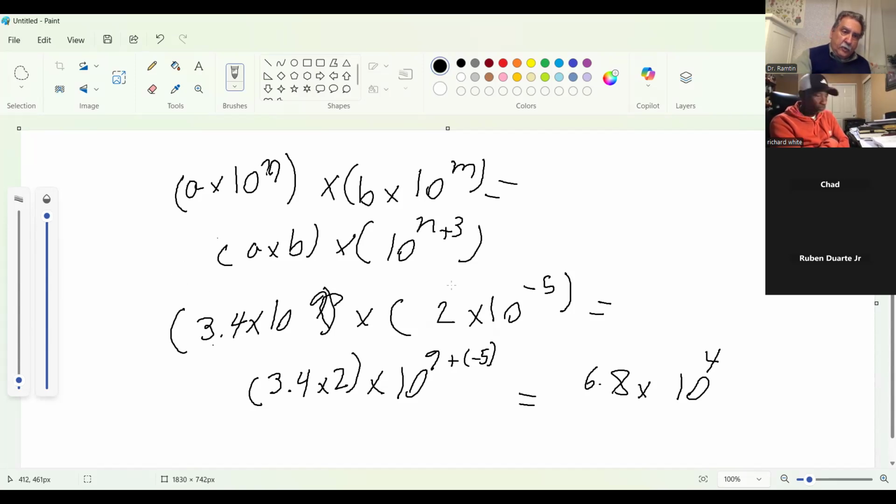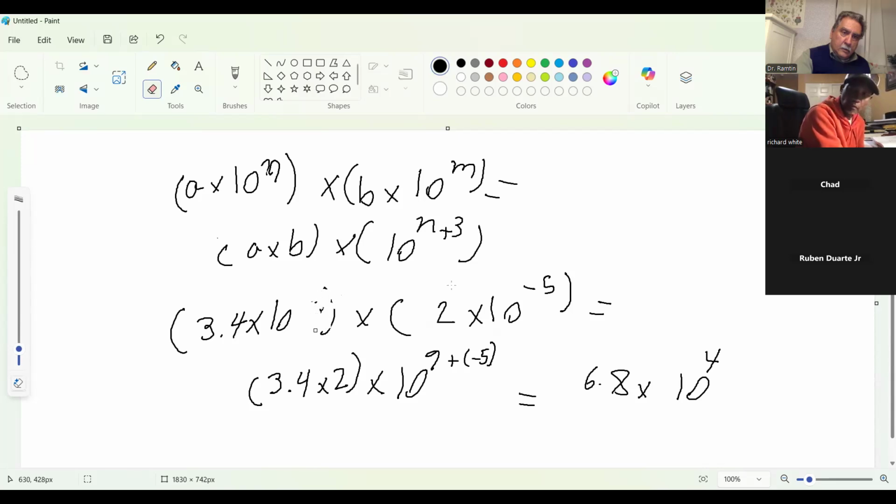We have an example, 3.4 times 10 to the power of 9, times 2 times 10 to the power of minus 5.